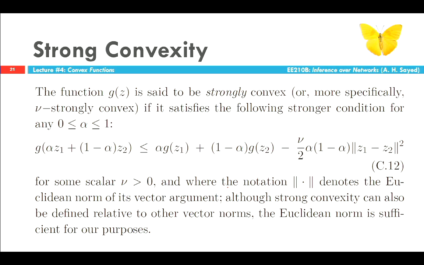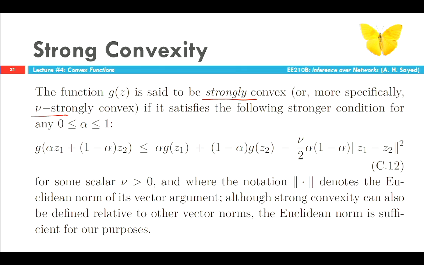To be more precise, we always attach a label to it and say nu, or whatever symbol you use, alpha or mu or nu. I'm using nu just because mu and other symbols are used for other things in these notes. So nu strongly convex, what does it mean?